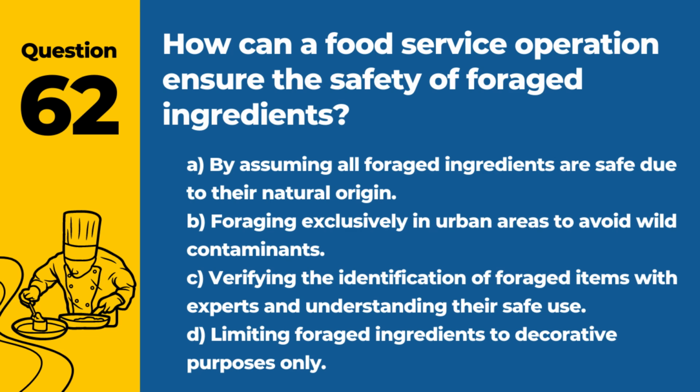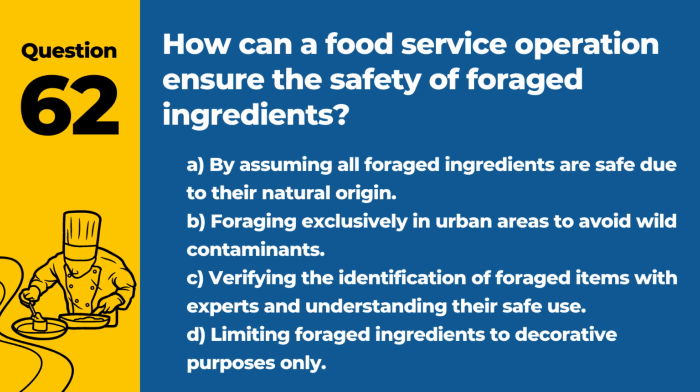Question 62. How can a food service operation ensure the safety of foraged ingredients? A. By assuming all foraged ingredients are safe due to their natural origin. B. Foraging exclusively in urban areas to avoid wild contaminants. C. Verifying the identification of foraged items with experts and understanding their safe use.